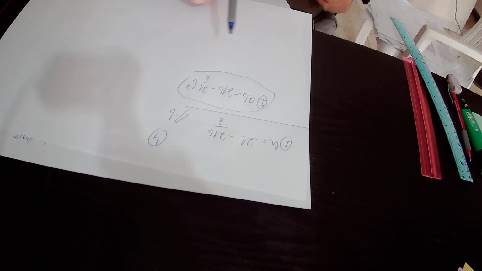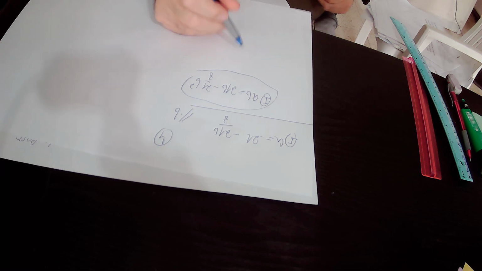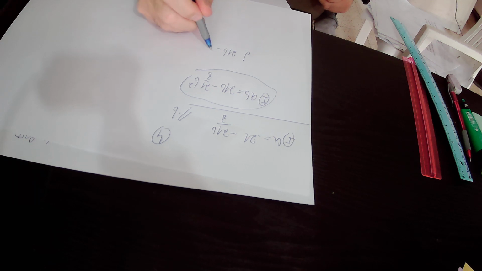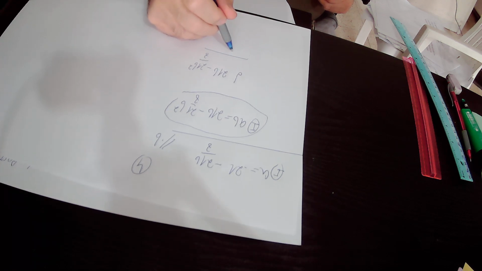So we derive this equation 1, that is to say the derivative of 21B minus 21B squared over 8 according to the variable B.